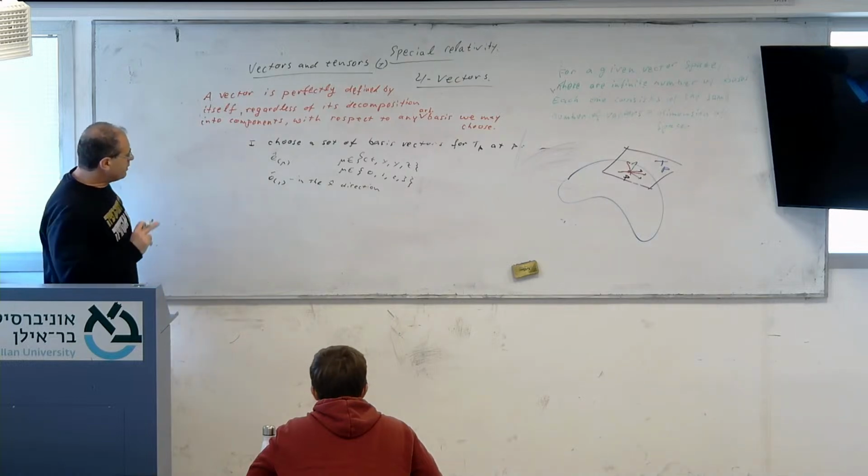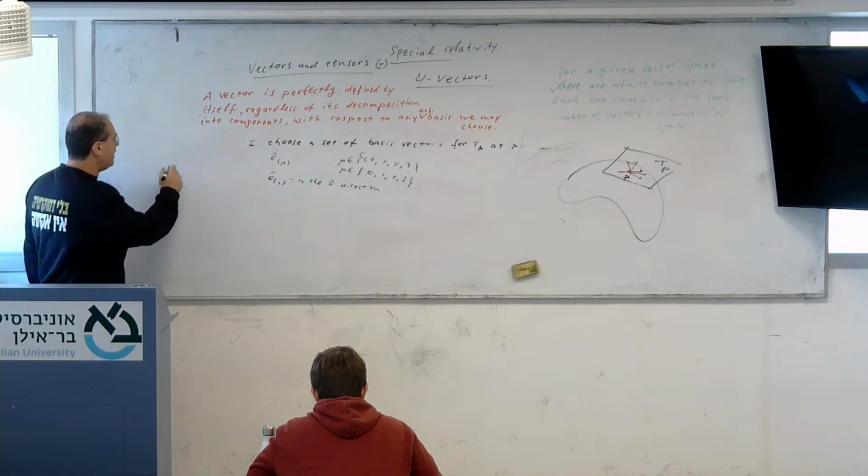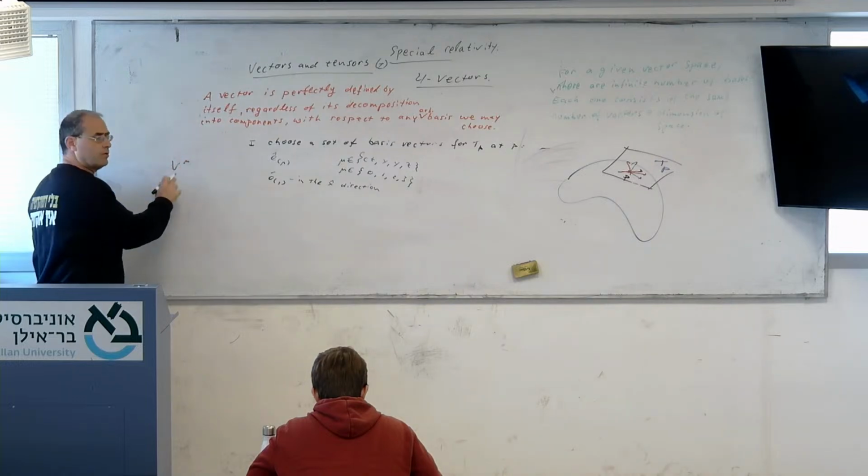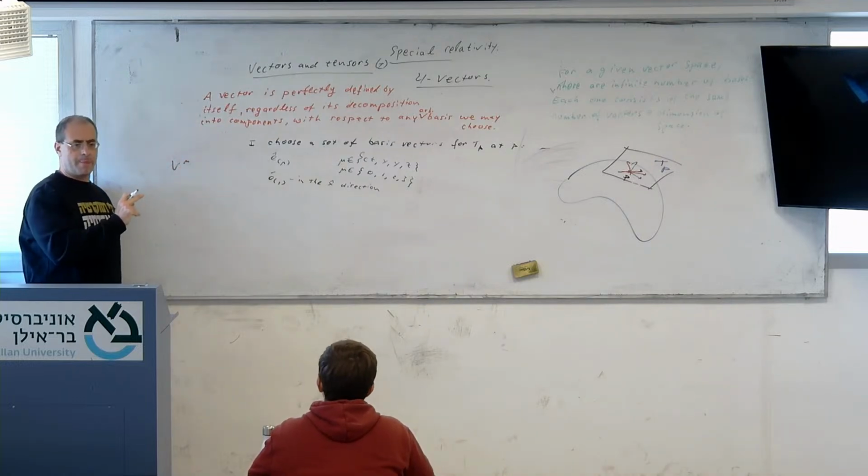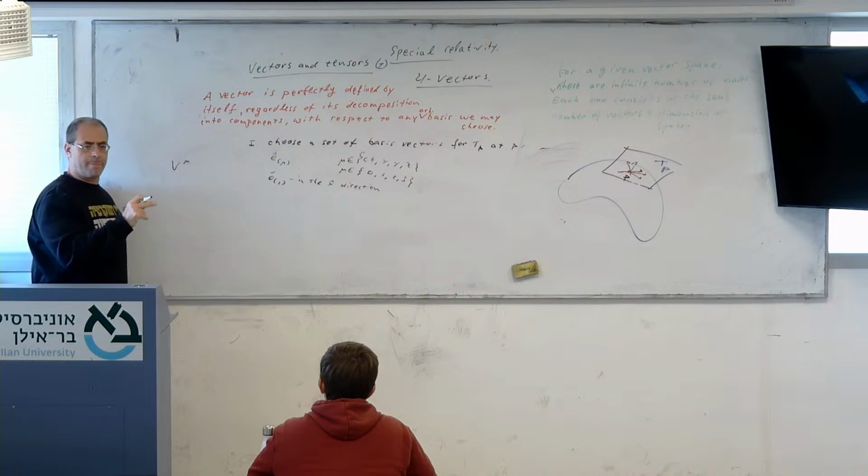Now the subtlety of notations, right? When we wrote x mu or v mu, what is the v mu representing? For a vector, yeah, it's 4 components: v0, v1, v2, v3, the components of one 4-vector.